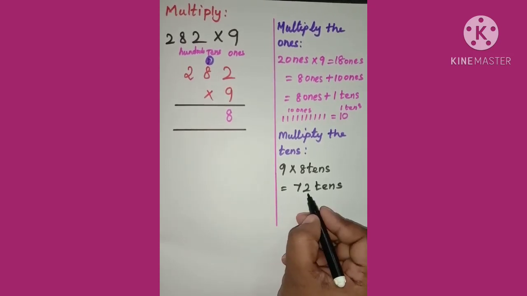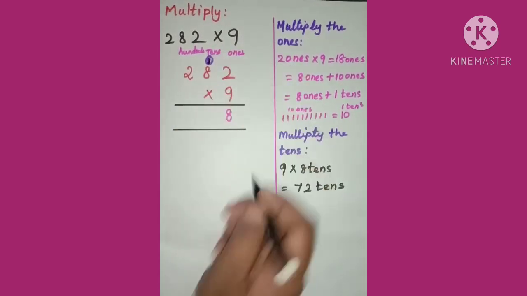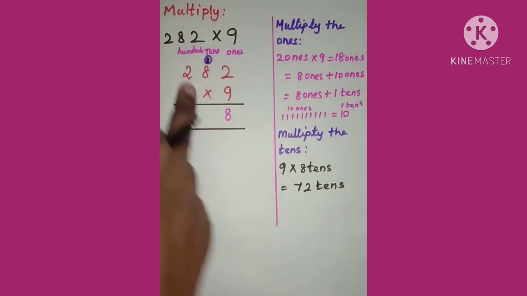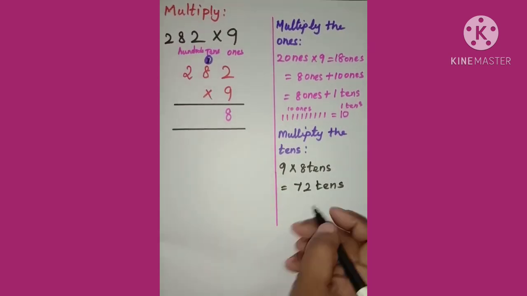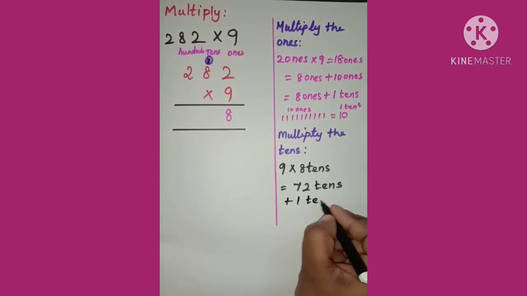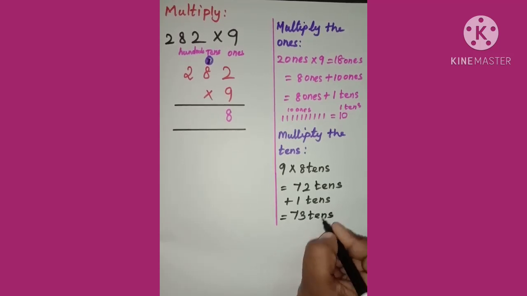Already 1 ten is above the 8 digit, which is the carryover of the previous numbers. So, add that 1 with this 72 tens. That is totally 73 tens we get.